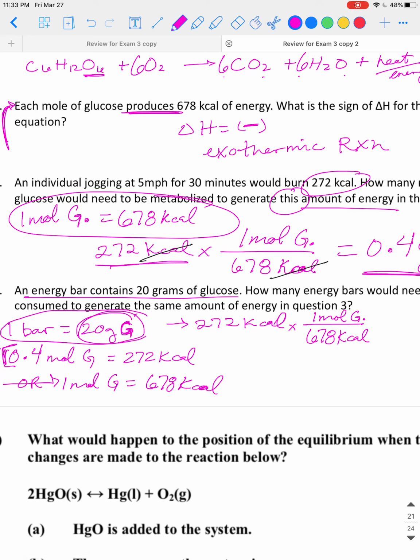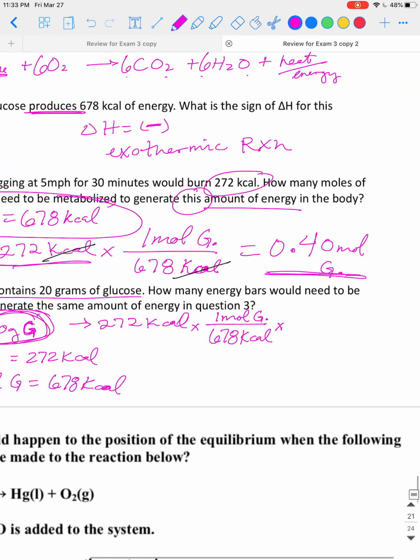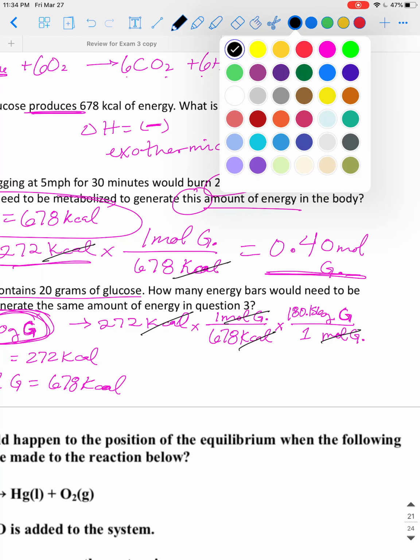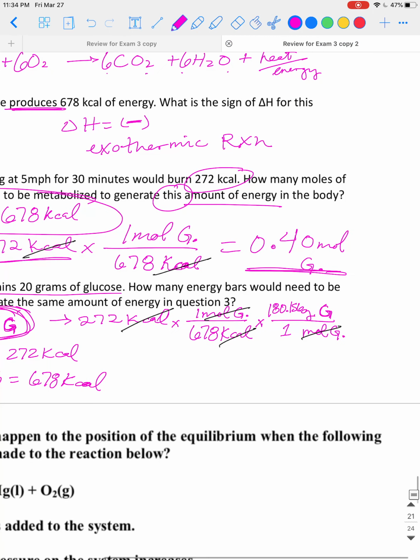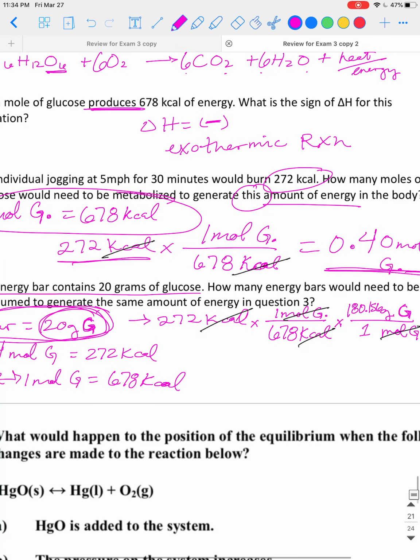Now I need to go from moles of glucose to grams so that I can use this relationship. How do I go from moles of glucose to grams of glucose? I need molar mass. If you look that up, 1 mole of glucose is 180.156 grams of glucose. So far, kcals cancel out, moles of glucose cancel out, and now we have grams of glucose.